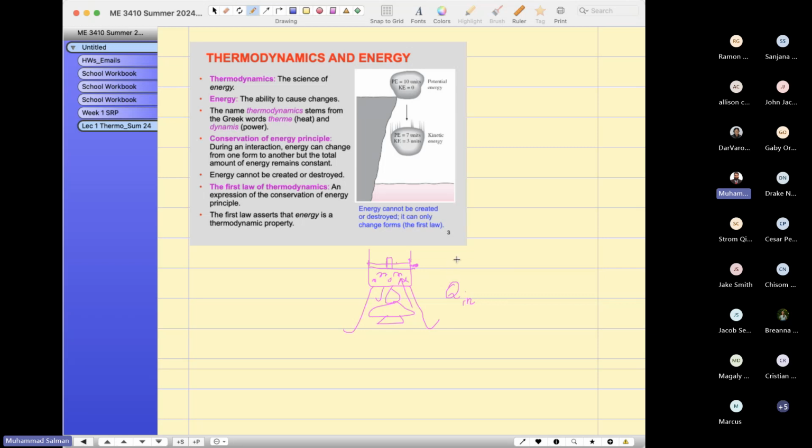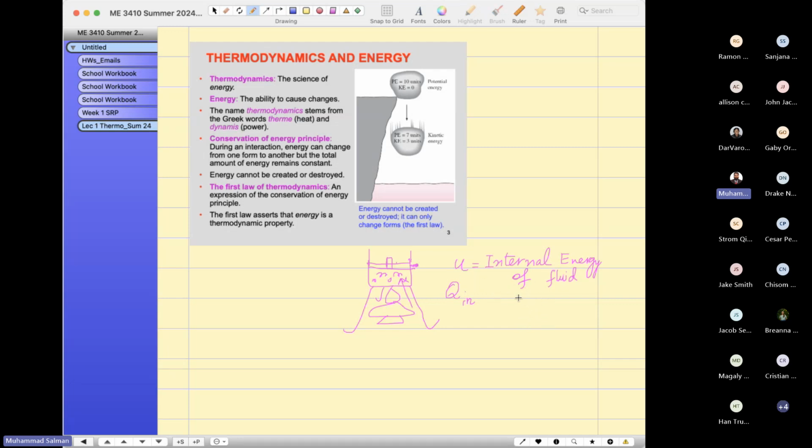You can write U is the internal energy of the fluid, which could be water or any other substance.